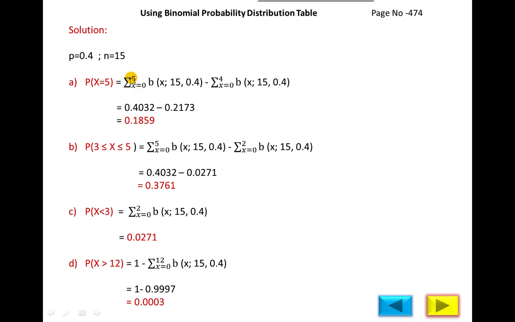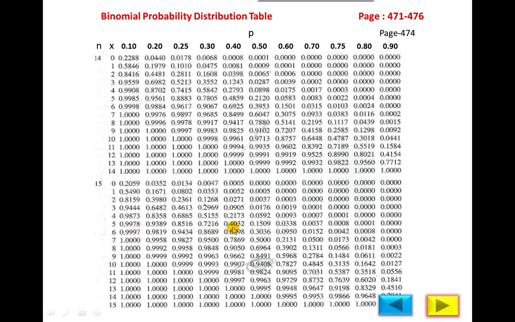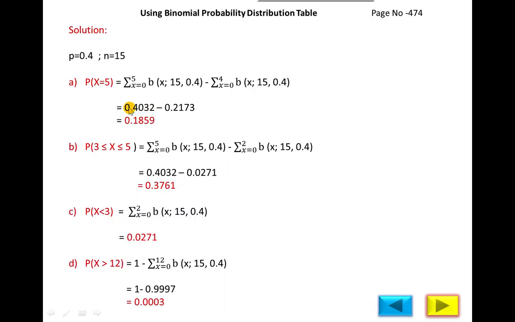So the value of 0 to 5 is this value, 0.4032. This is the value of 0 to 5 minus the value of 0 to 4. So 0.4032 minus 0.2173. If you subtract 0 to 4 from 0 to 5, you will obtain 5.